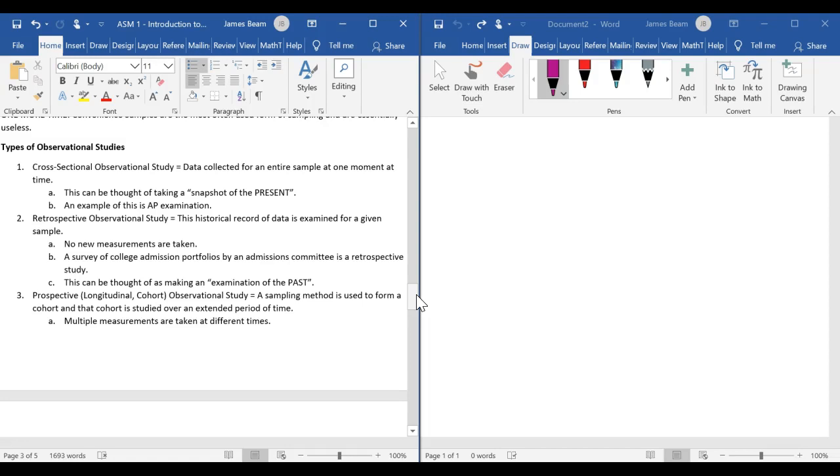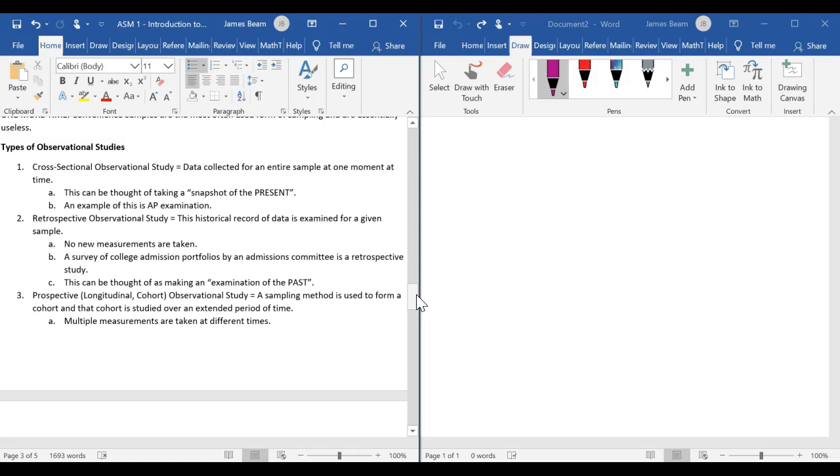A college receives an admission portfolio on a whole bunch of students, which are basically sets of past data on those students, and then they can do a retrospective study on those students to make a decision as to who is going to get admitted to that college. Our admissions team here does this. This is an examination of their past records, so that's the retrospective idea that's in the past.